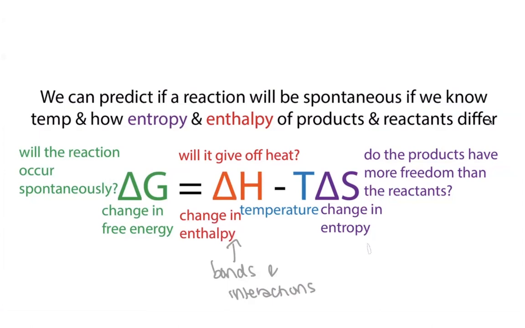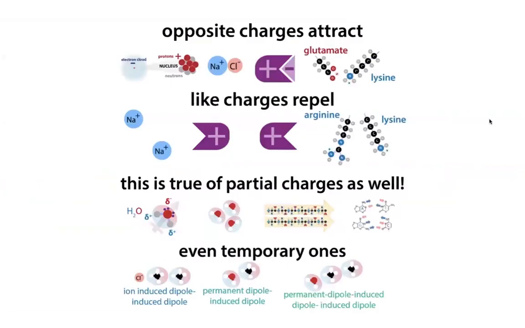When we're talking about this non-covalent binding, we aren't dealing with actual covalent bonds breaking and forming, but with a lot of different intermolecular forces and attractions we need to take into consideration. Remember the basic principle that opposite charges attract and like charges repel, and this is true of partial charges as well.